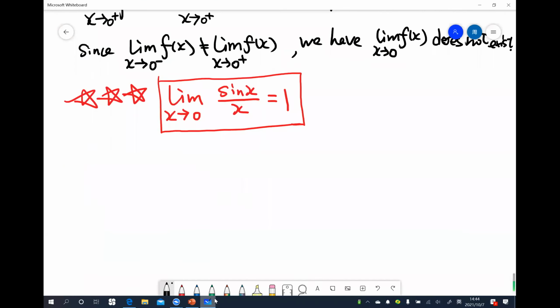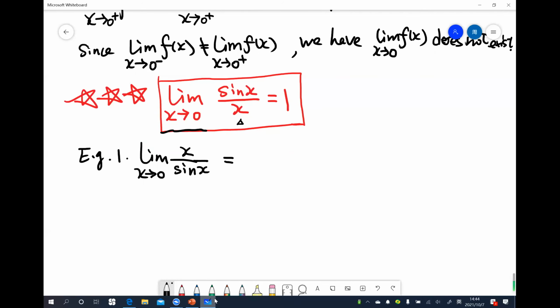So here I will solve it. If you want to use this important formula, you have to get the same form as the formula. So here you can see the function is sine x by x, right?